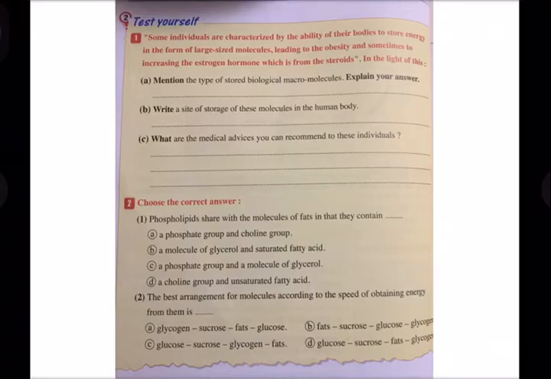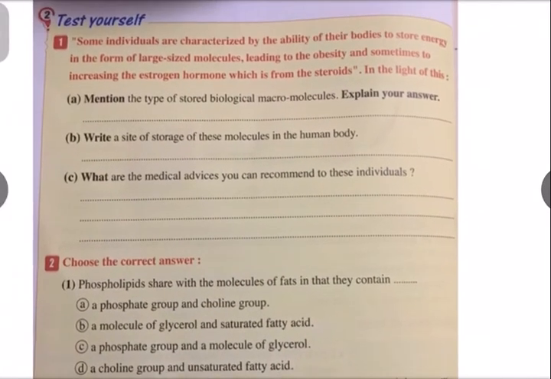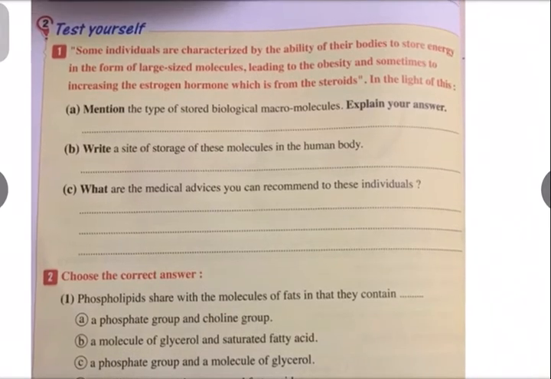Some individuals are characterized by the ability of their bodies to store energy in the form of large-sized molecules, leading to the opacity and sometimes to increasing the estrogen hormone, which is from the steroids. In the light of this, A: mention the type of stored biological macromolecules.